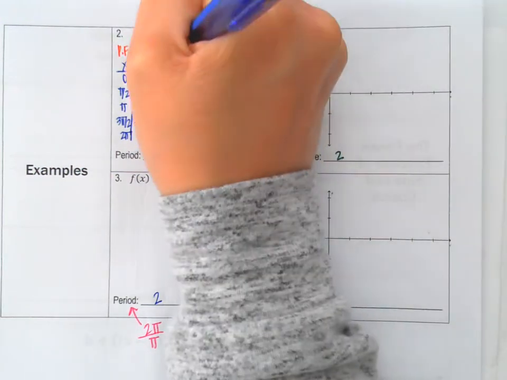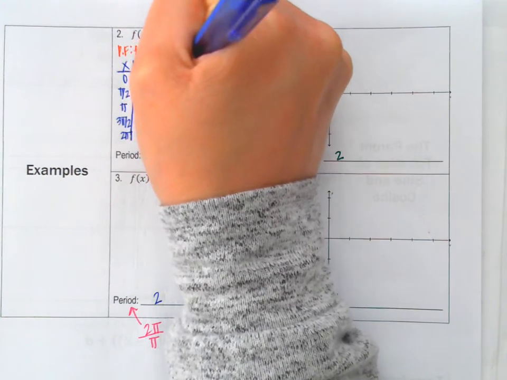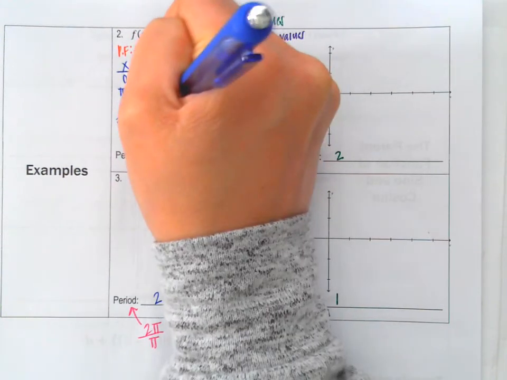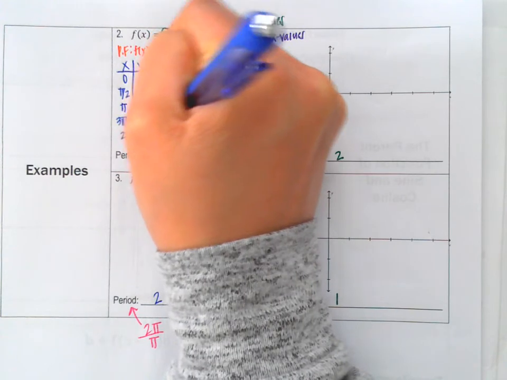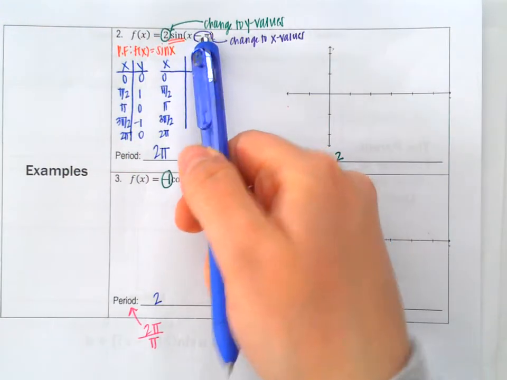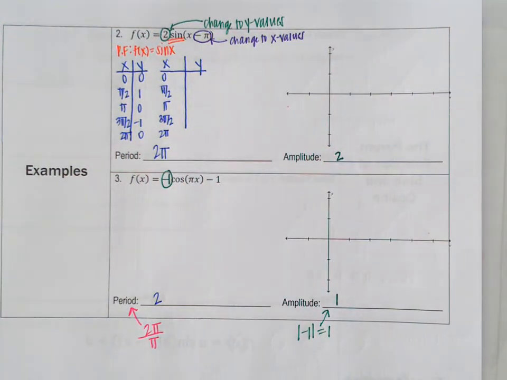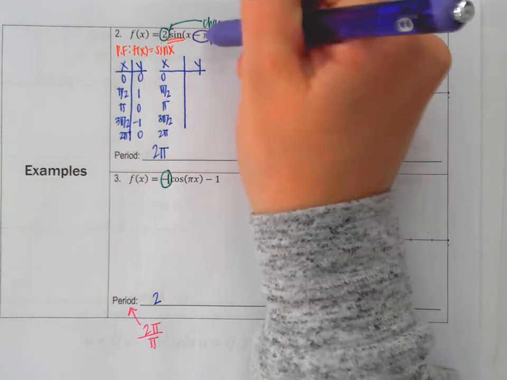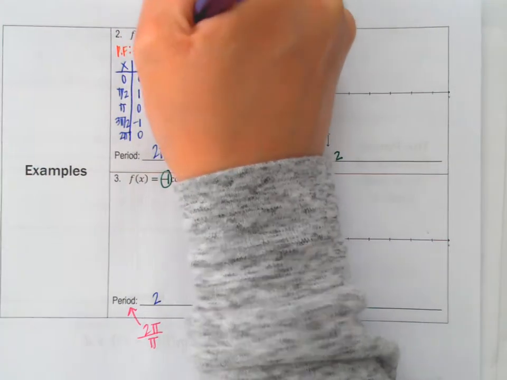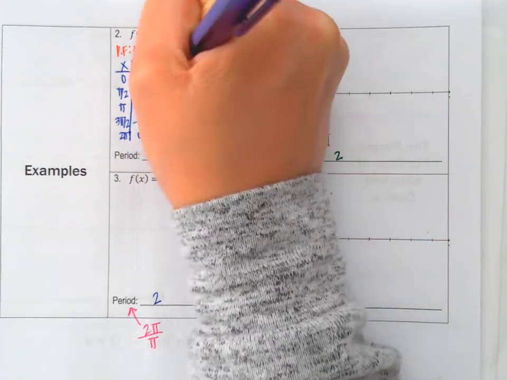For all of my x values, are we going to do the same operation or the opposite operation? We're going to do the opposite. This is a minus pi, so we're going to add pi to everything.